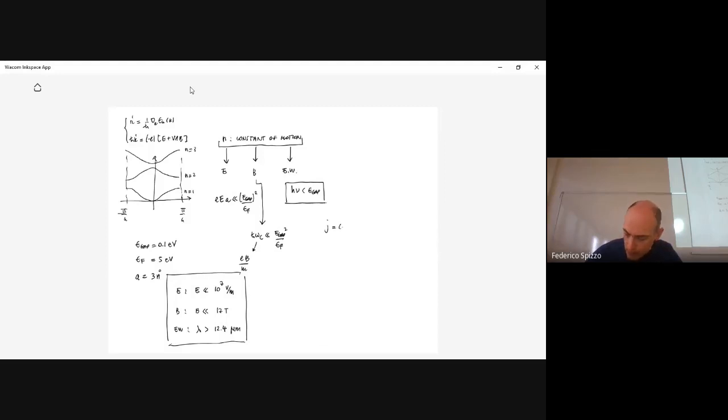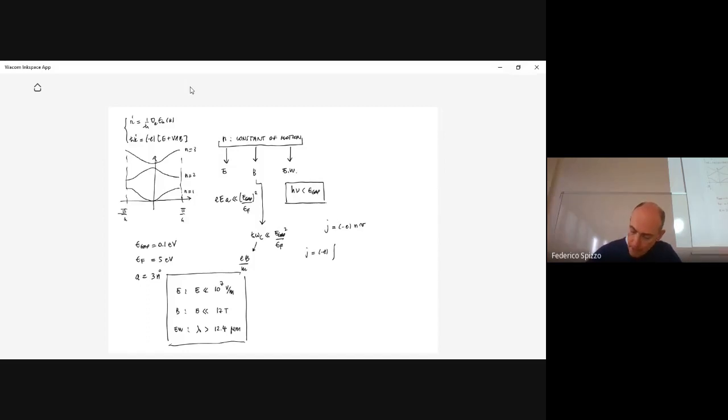Again, in the Drude picture, the current density was just electronic charge times electronic density times electron velocity. In this case, we had to change this representation into an integral, because we have many electrons to consider that have different velocities.